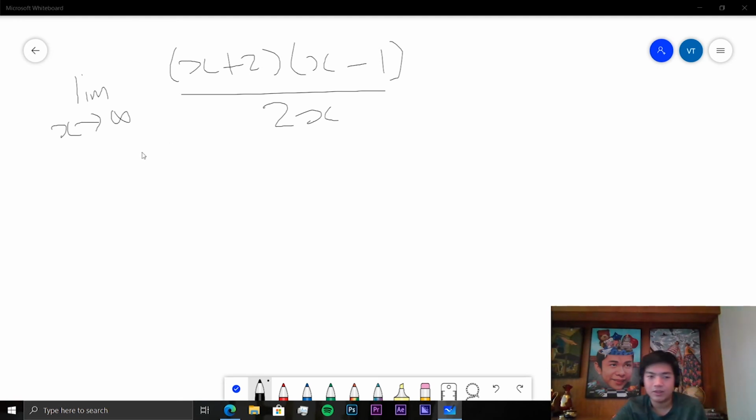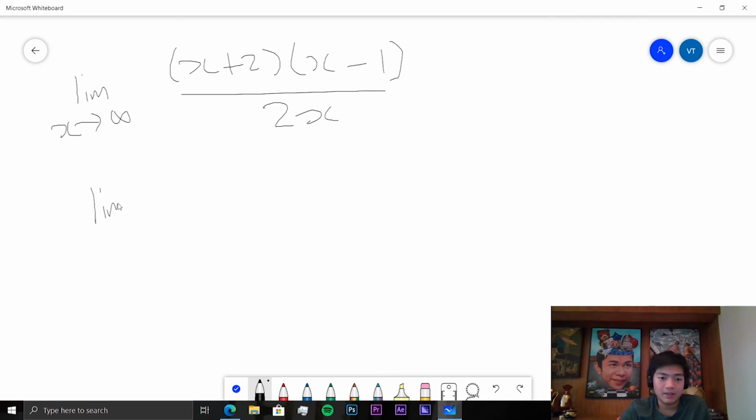So if we divide everything by x squared, what we get is the limit as x tends to infinity of 1 plus 1 over x plus, oh sorry, no, really just x plus 1 minus 2 over x.